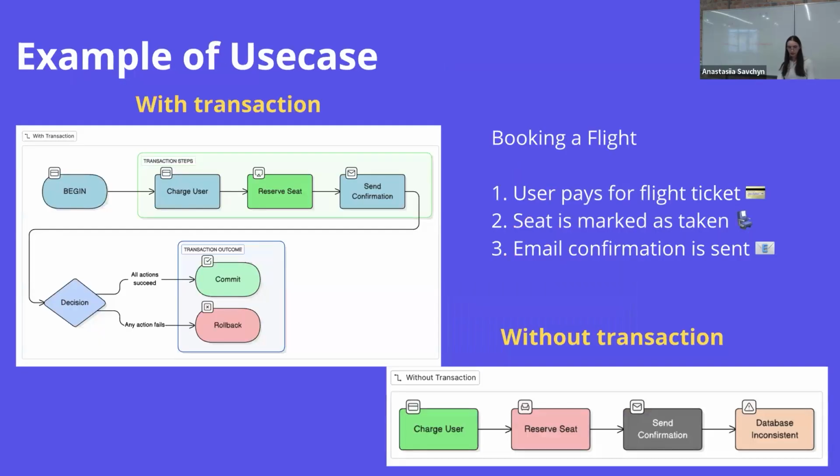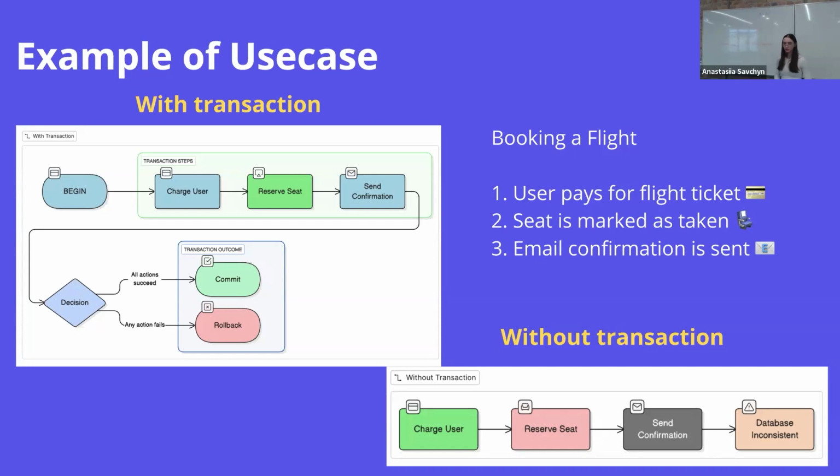For example, here is a case to understand better why we need transactions. You are booking a flight and you pay for your ticket. After that, we have to mark somehow that this seat is taken by you because you already paid. And then we have to send you an email confirmation.